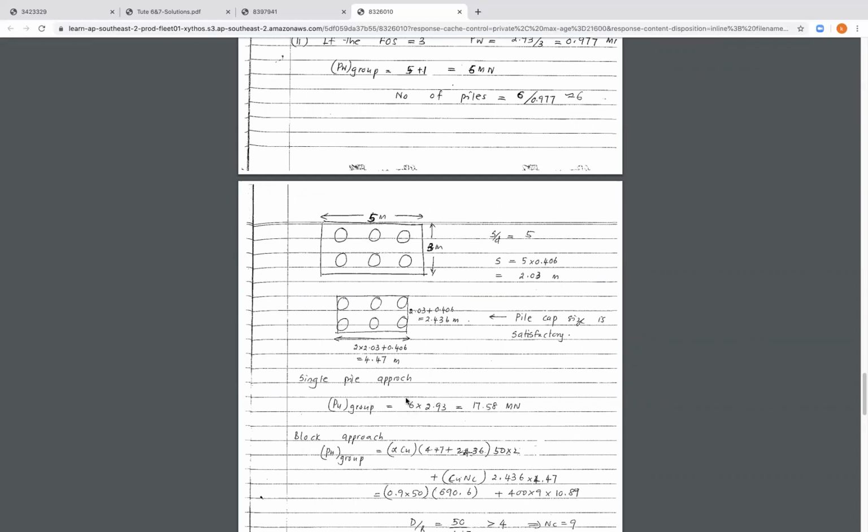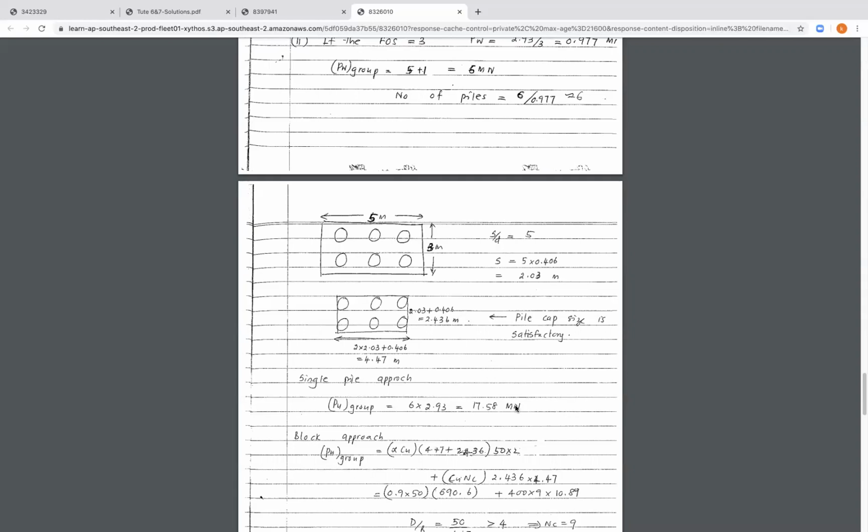The number of piles is 6, which we determined in this step. 6 multiplied by the ultimate bearing capacity of the single pile gives us the ultimate bearing capacity of the pile group using the single pile failure scenario, which is 17.58 meganewton.